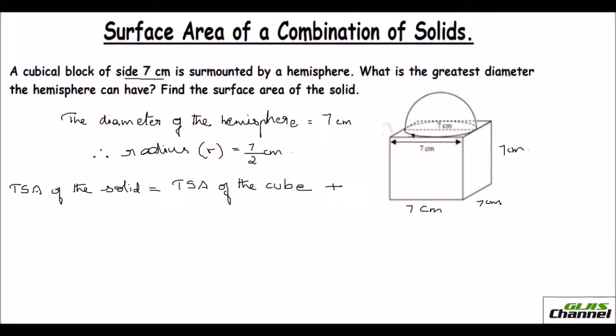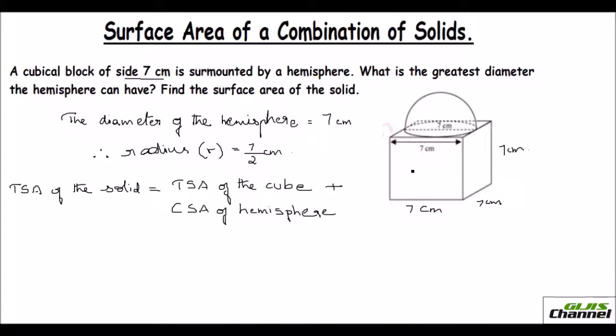Okay, you don't take the TSA, only this outside portion you have to take. So that will be curved surface area of hemisphere. Okay, so when you do the curved surface area, you would get this portion also, the outside portion.